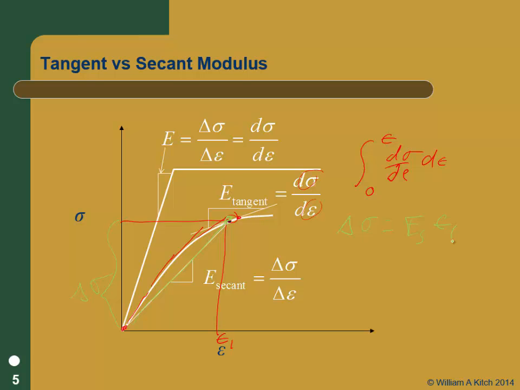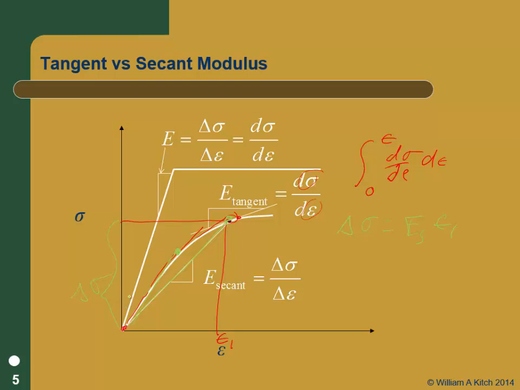So it's much easier to calculate at that point. Of course, the trouble is that's only the secant modulus for one point. If I wanted to know what was going on down here, I'm going to have a different secant modulus. So make sure you understand the difference between a secant modulus and a tangent modulus.